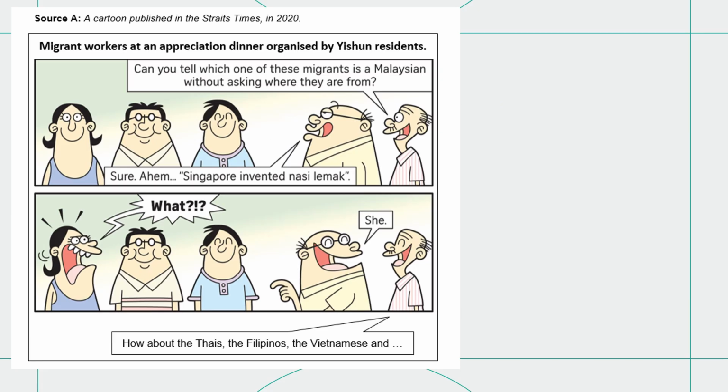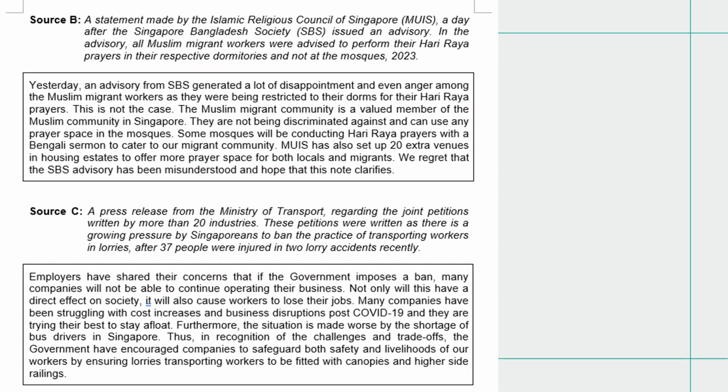So let's go to the sources now. Source A. I remember that the earlier question 1 says source A is an inference question. So I will note down inference. I will make sure I label it properly. Similarly, I remember they didn't mention anything about source B, so I will just put down not applicable yet, probably for evaluative, because evaluative requires you to read all the sources.